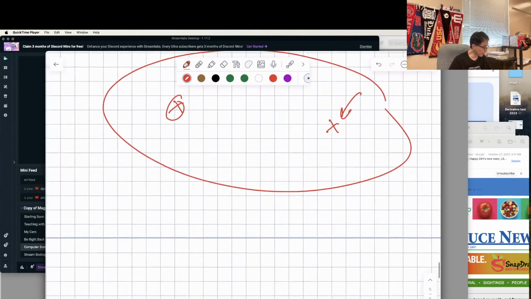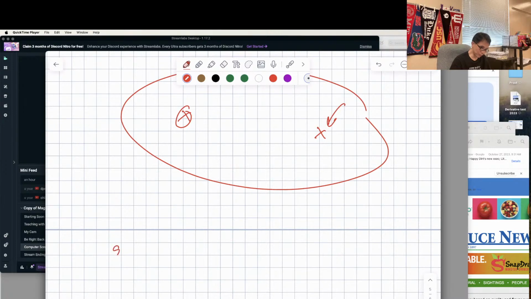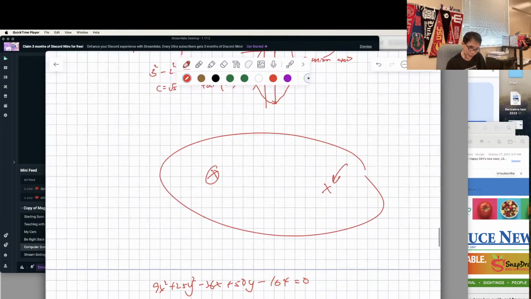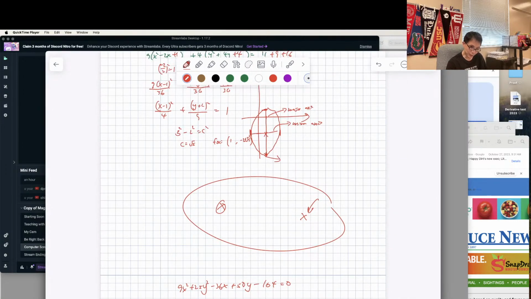So let's you try to find one. 9x squared plus 25y squared minus 36x plus 50y minus 164 is equal to 0. Now you can tell me about the center, the focus. This point is called a vertex. This point is called a vertex. And this one is called a co-vertex, which kind of makes sense. The co-vertex is on the shorter side, the longer side is the vertex, and that's pretty much it.